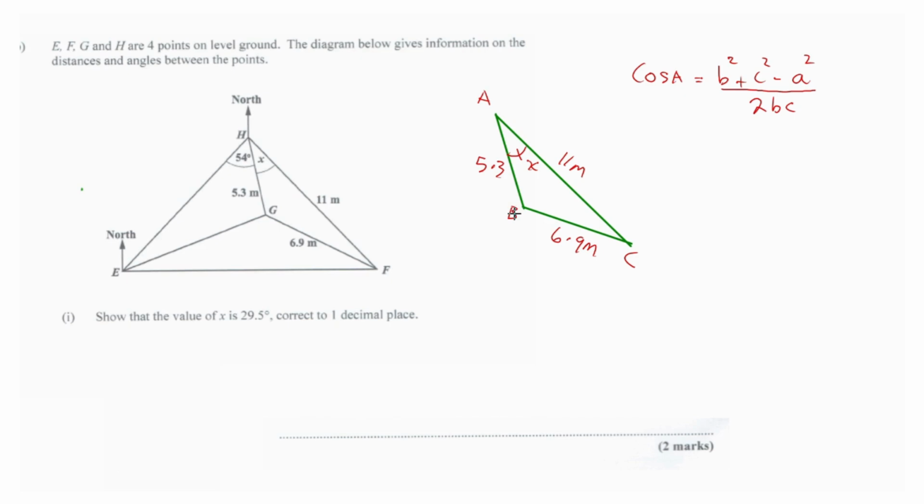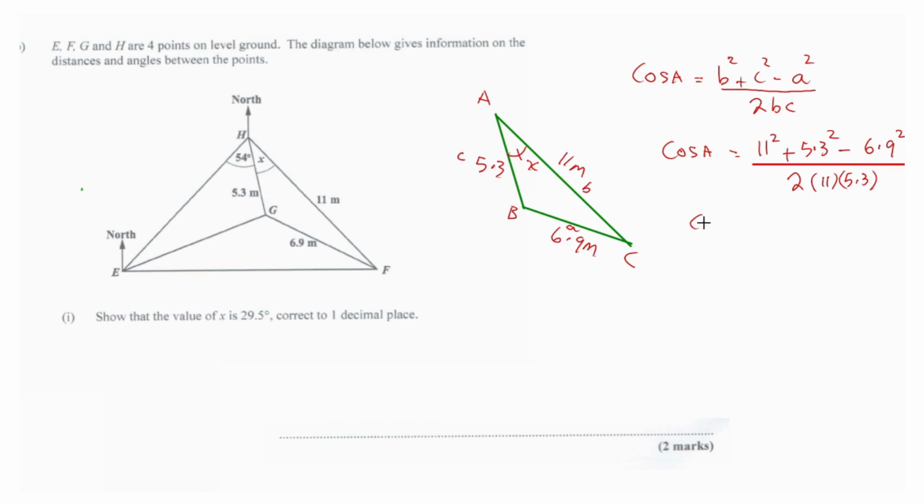So this angle is proportional to this side, so we label that as small b. This angle is proportional to this side, so that's small c. This angle is proportional to this side, so that's small a. So we just label the triangle. So we're going to put in the values of a, b, and c and work out the angle.